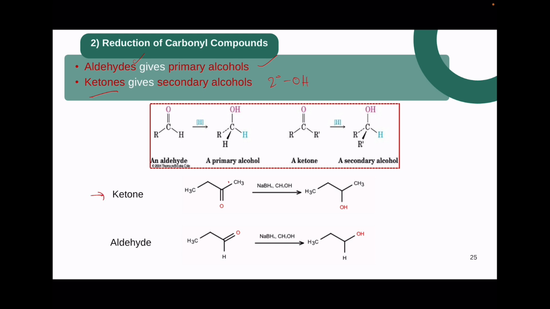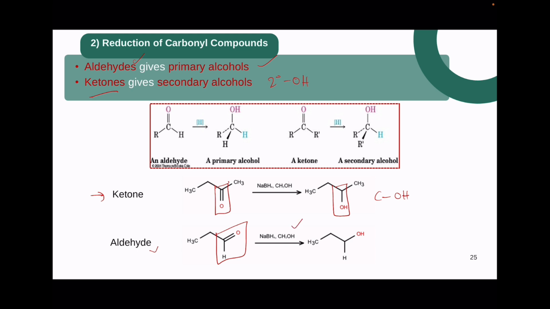If you see the ketone, where the C double bond O is not at the terminal, when it is reduced with NaBH4 or LiAlH4, then the C double bond O will change into C-OH, the carbon attached to the hydroxyl group. Meanwhile, for the aldehyde, the C double bond O is at the terminal of the molecular structure.